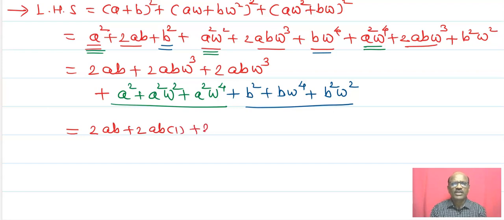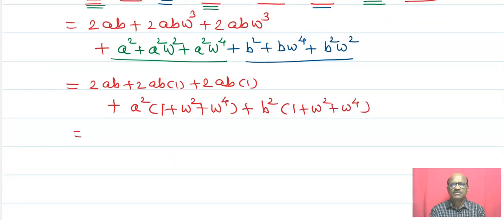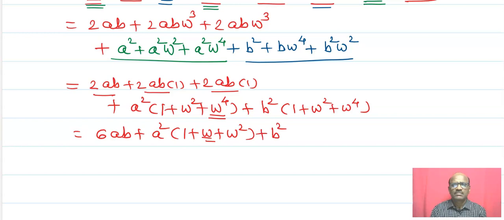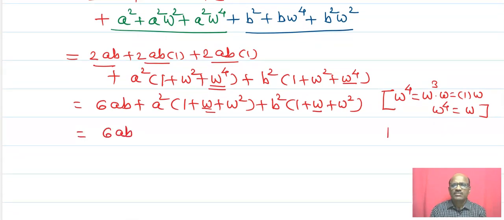Therefore we have 2 times AB plus 2AB plus 2AB, the value of omega cube is 1, and we substitute its values. Therefore 6 times AB plus A square in bracket 1 plus omega square plus B square in bracket 1 plus omega square, and 1 plus omega square is 0, and both brackets become 0. Therefore we are getting the answer 6AB.